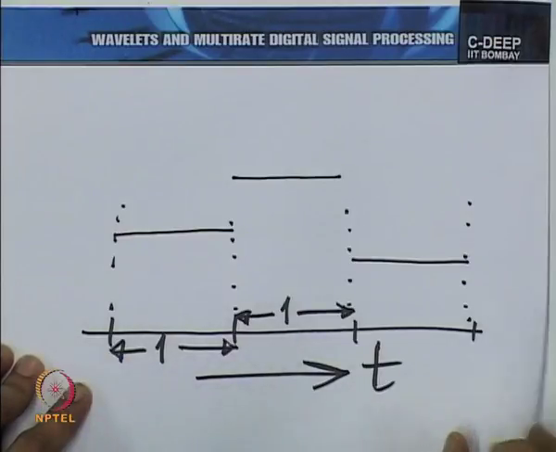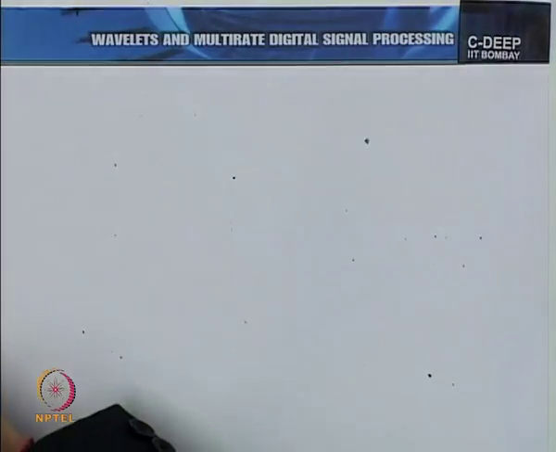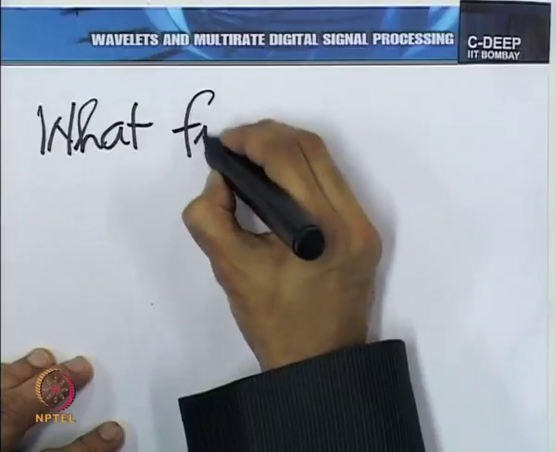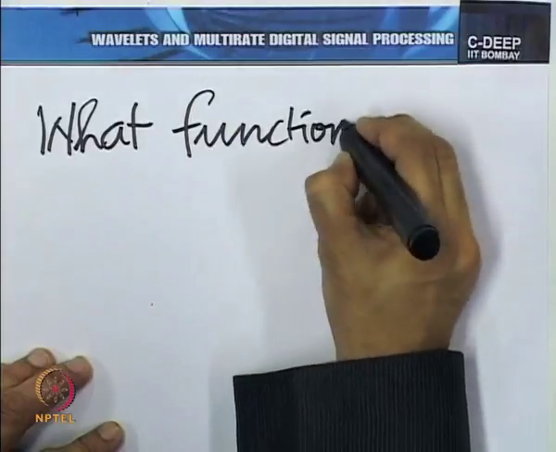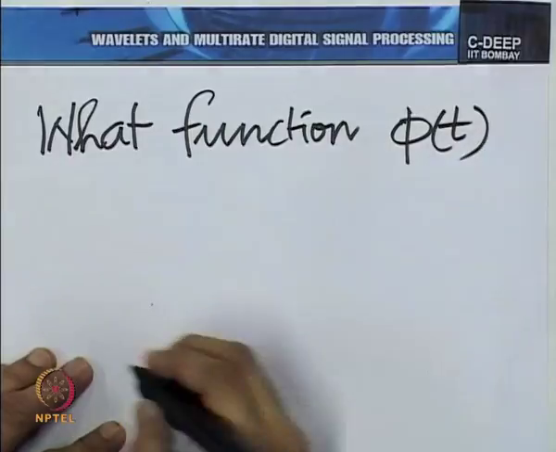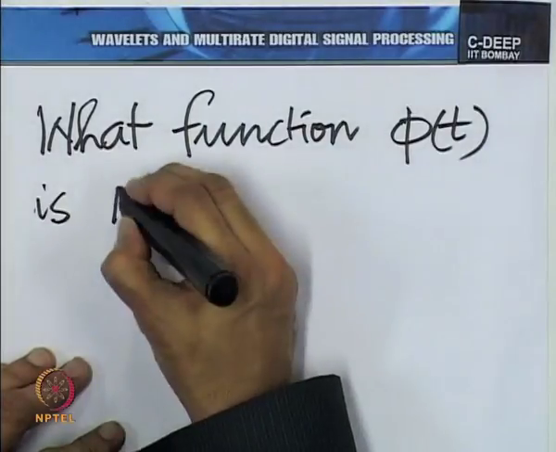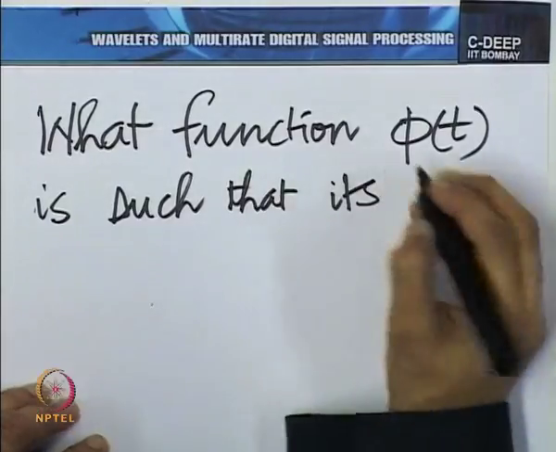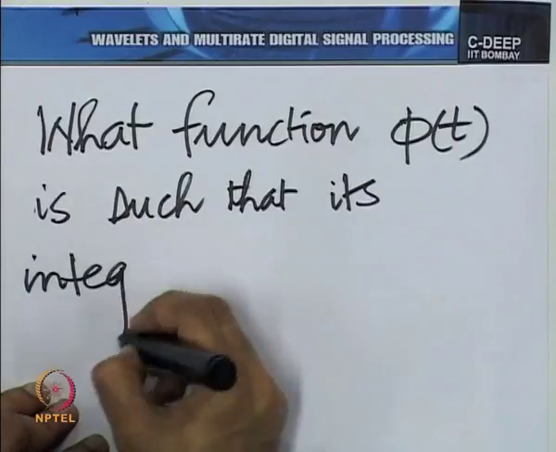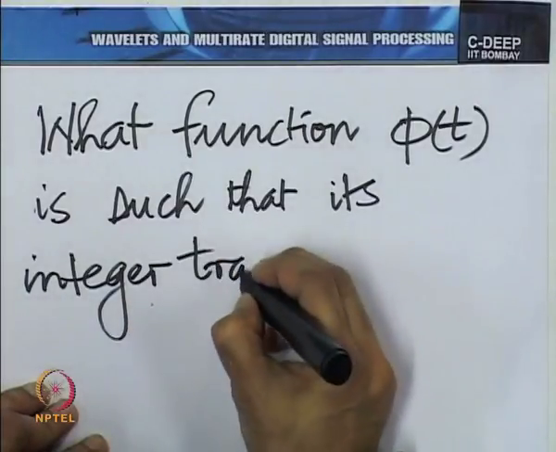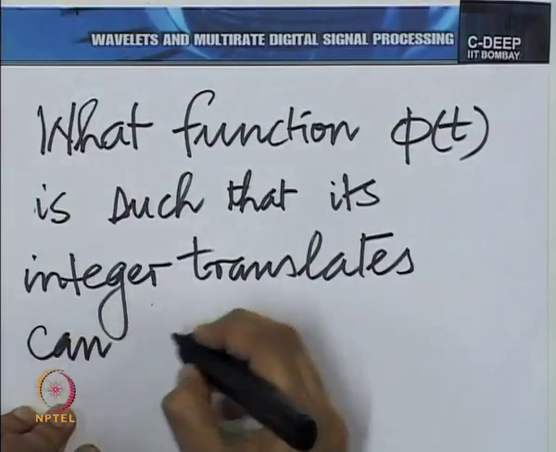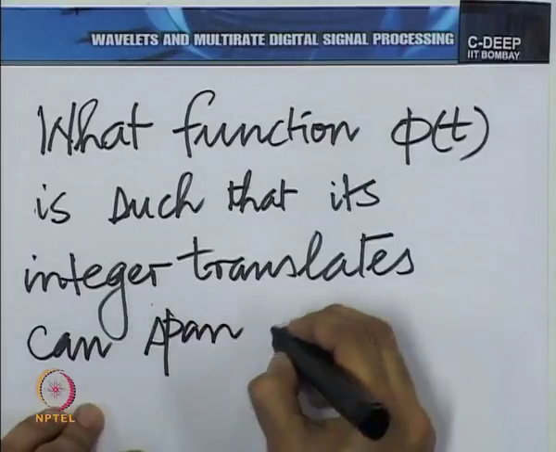So, essentially we want a function, let us call it phi of t now. So, what function phi of t is such that its integer translates can span this space.